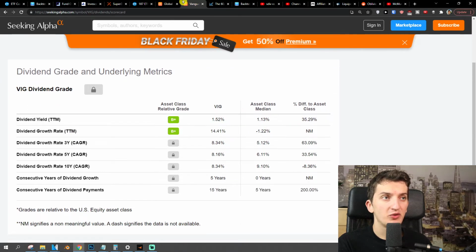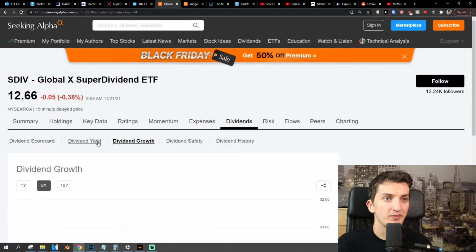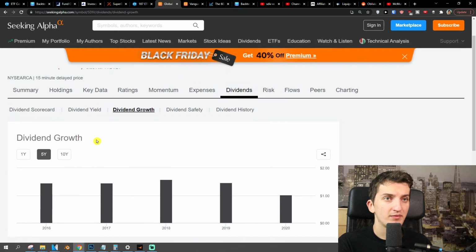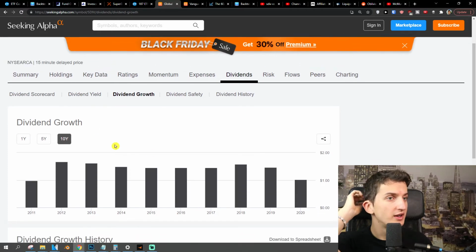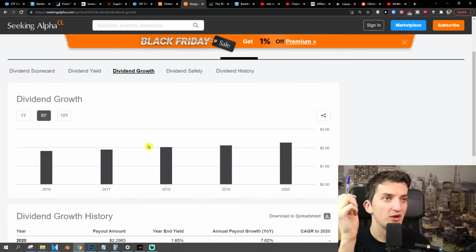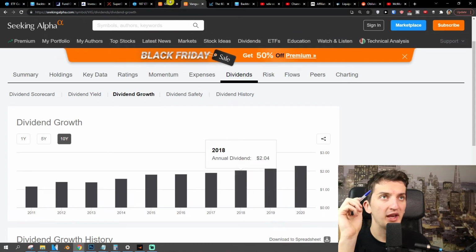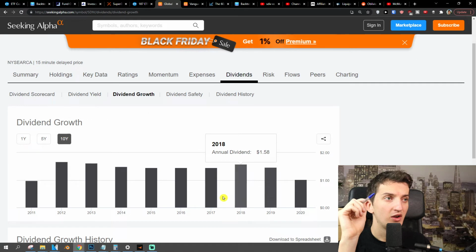Dividend growth rate is not really good here, right? C minus. And you can also see the dividend growth here, how well it was growing. When you look here on dividend growth, it's growing better comparing to 10 years, let's say. Look at this. This is the dividend growth of VIG, and this is the dividend growth of SDIV, right?